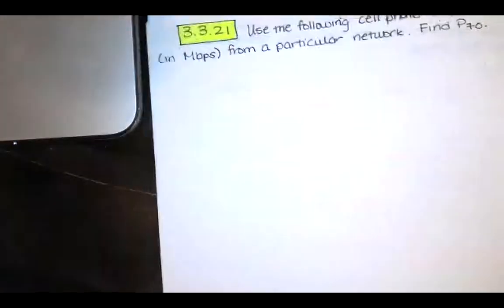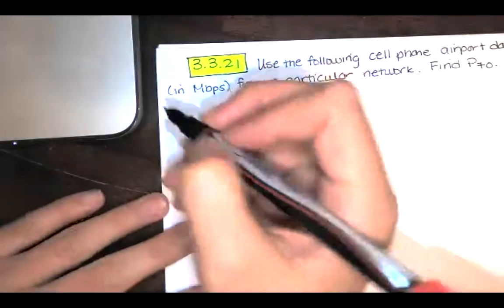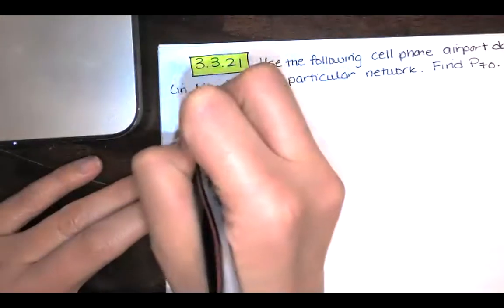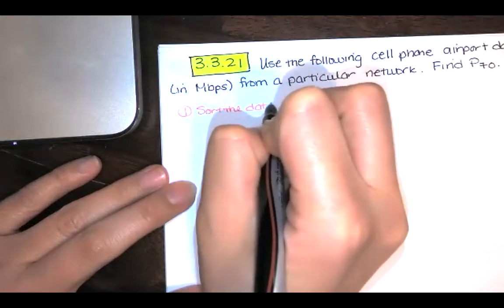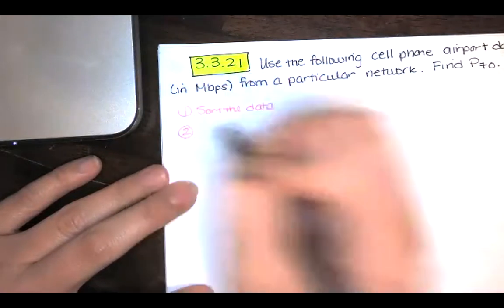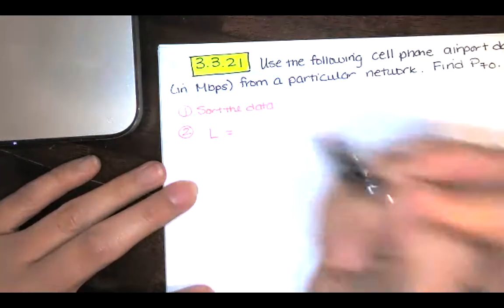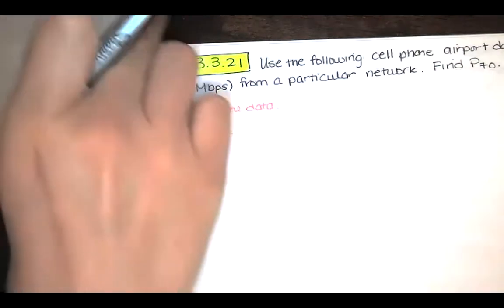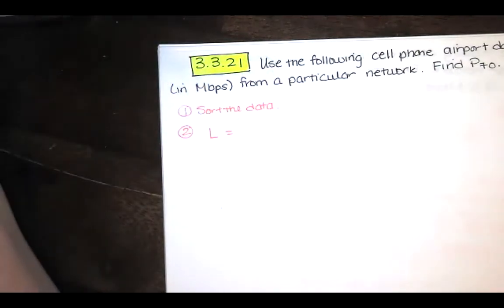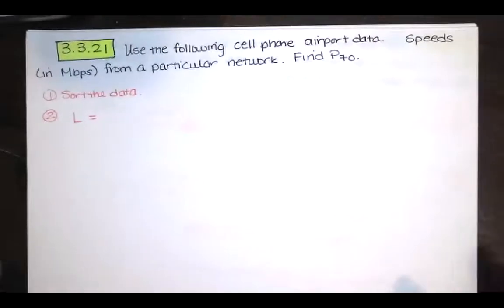So after you sort, you want to calculate L. And L is basically a marker. We're trying to find that data value that separates the bottom 70% from the top 30%.